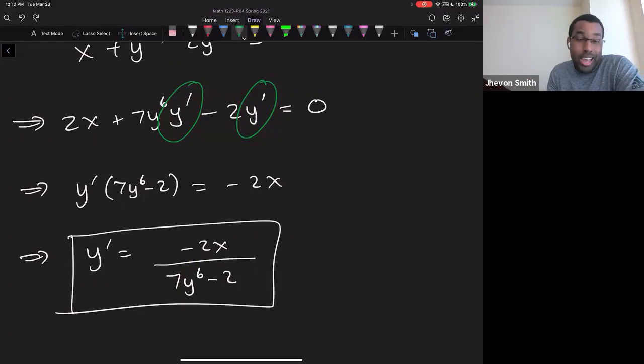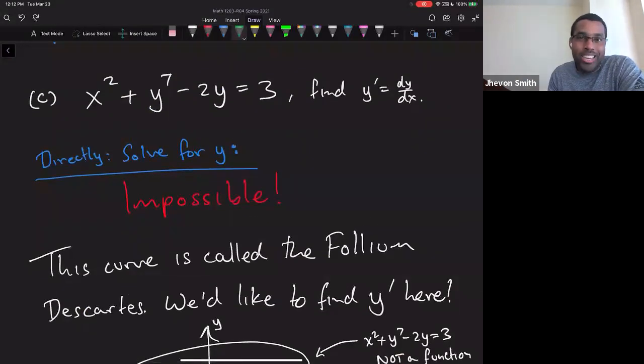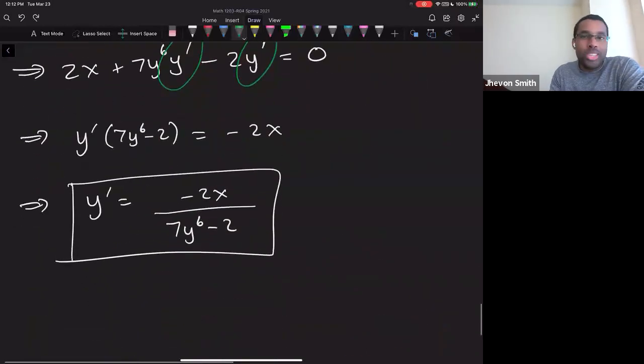I literally just told you we can never know what the y is, yet I told you the answer with a y in it. Okay, if I can't know what y is, how am I going to know what y to the 6th is? Like, if I could know what y to the 6th is, I could just take the 6th root and know what y is, right? If I can't find y, how am I going to find y to the 6th, right?